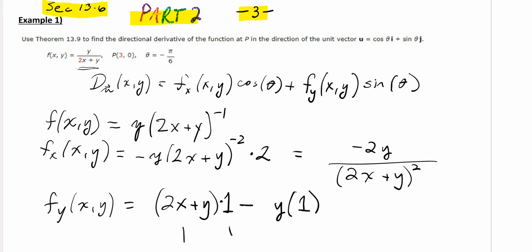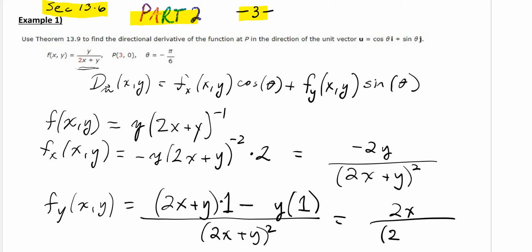And then this is all over the denominator squared, 2x plus y squared. Like so. So the numerator will get 2x plus y minus y, so we'll get 2x over the quantity 2x plus y squared.